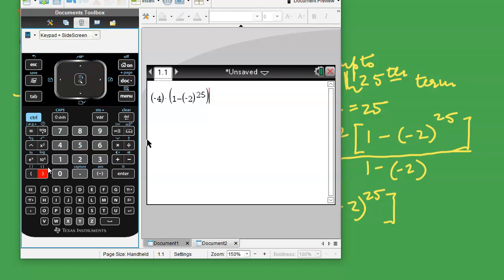Yes, negative 4 times 1 minus minus 2 to the power of 25. What is this equal to? It is negative 134,217,732. Okay. So let me write the answer.